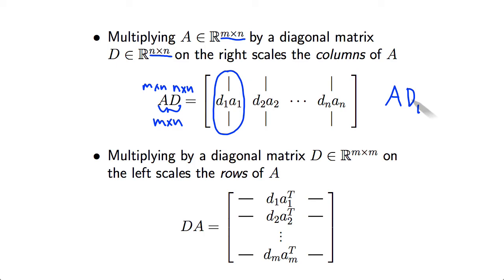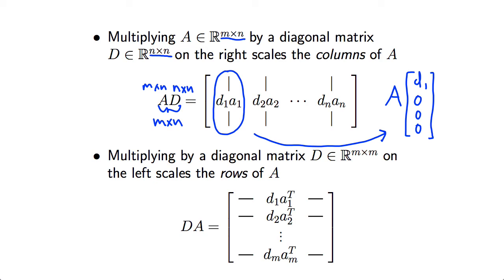So A times the first column of D, well, that column has 0 entries except on this first value here. So we're going to take all the other columns of A that are not the first column, and we just throw those away. We don't multiply those by anything. And so what we get for this whole first column here is just the first column of A times d_1.